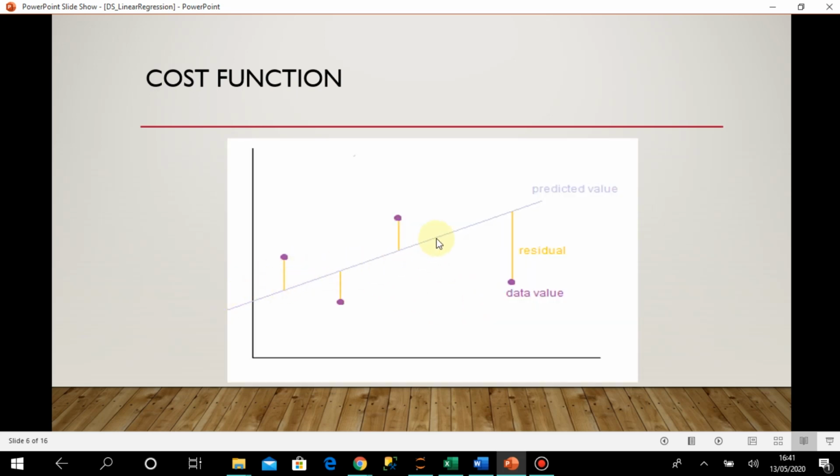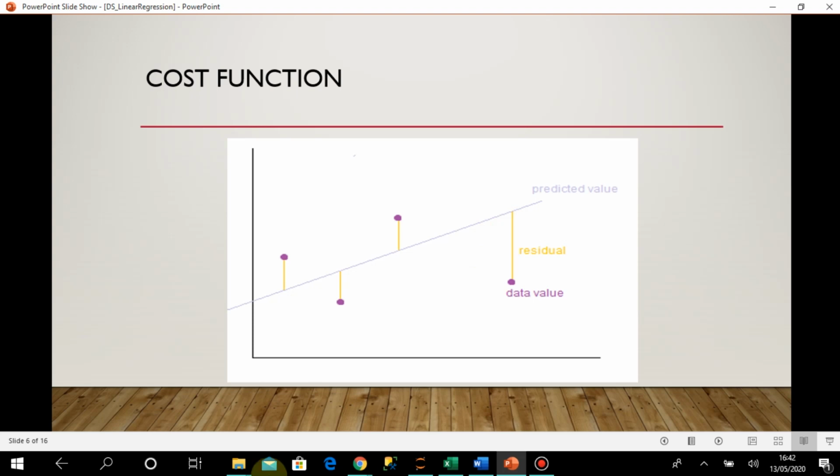You understand this distance, right? Suppose for this particular diagram I have 4 values of x and 4 values of y. What is the distance? It's this one, this one, this one and this one. All these 4 values I can take into the calculation, and say that this is the total difference between the predicted value and the actual value.